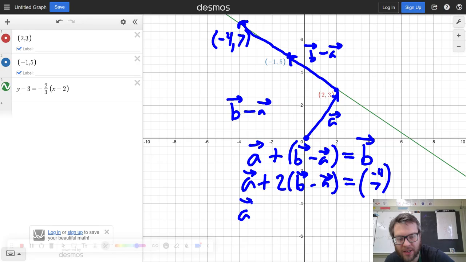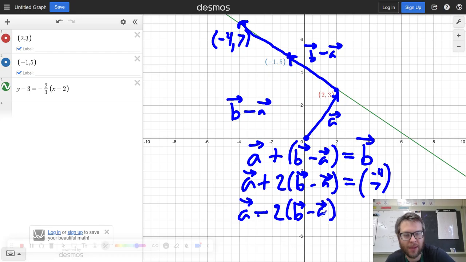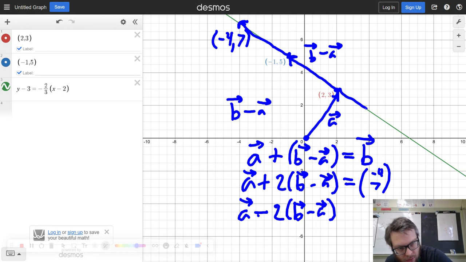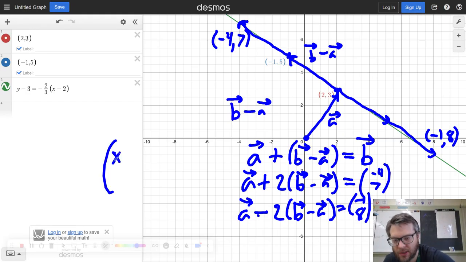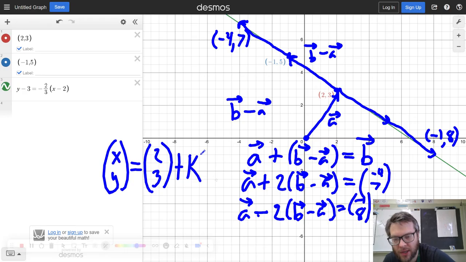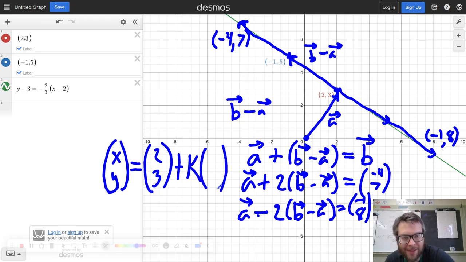What would happen if I did vector a minus 2 copies of b minus a? Well, minusing copies just means I'm going to go backwards. I'm going to go 1 and then 2. And so that gets me to negative 1, comma 8. So what I'm claiming is that every point that's on the line, every x comma y that's on the line, can be reached by starting at vector a, which is 2, 3, and adding some multiple of b minus a.